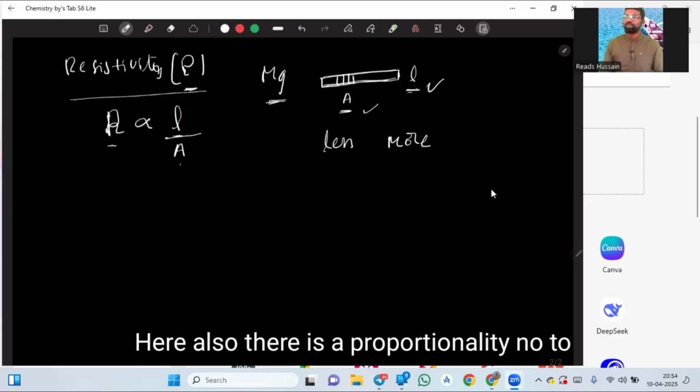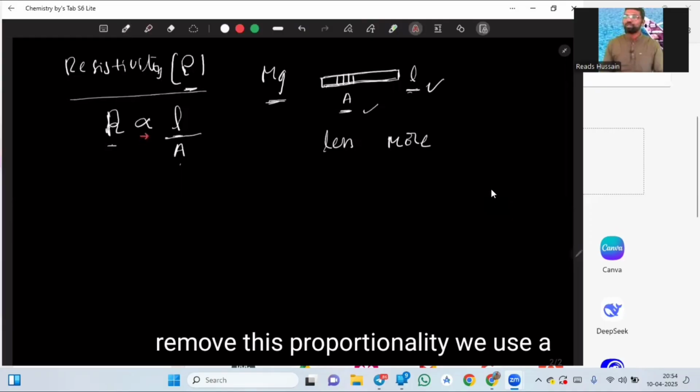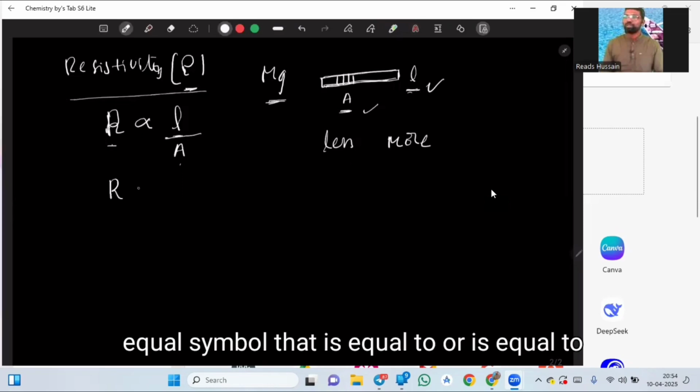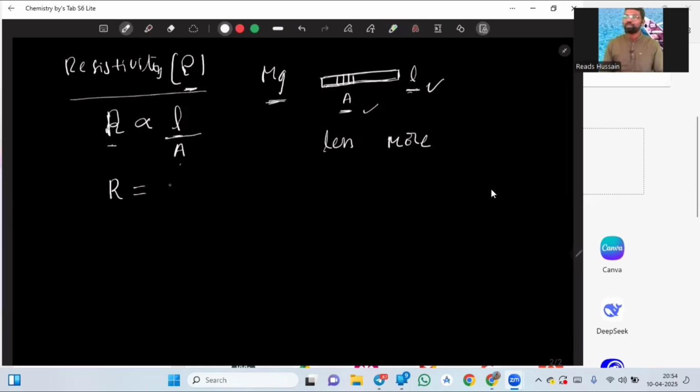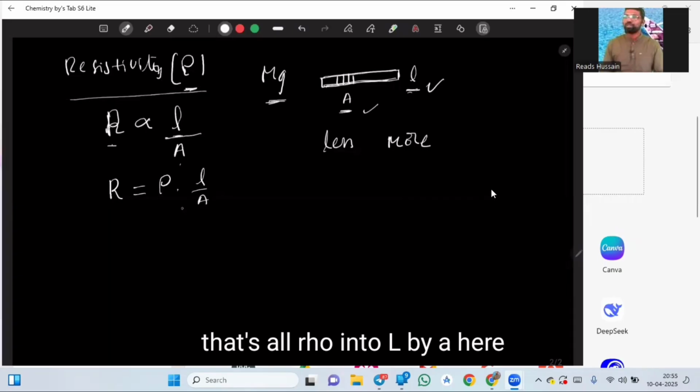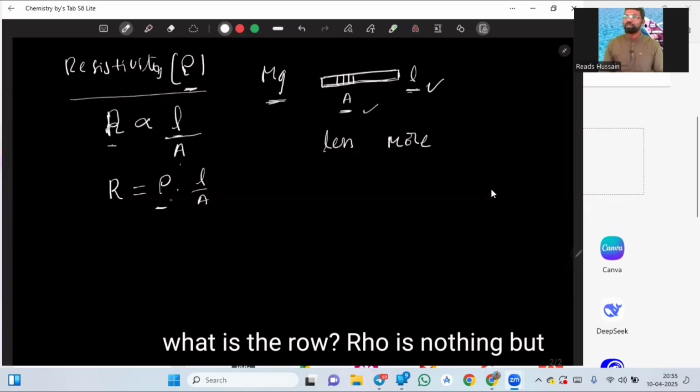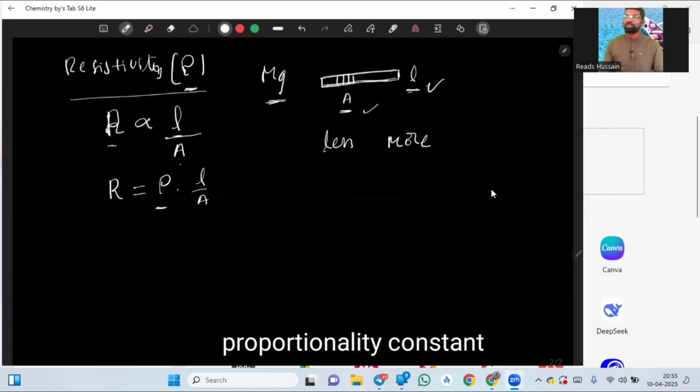Here also there is a proportionality, no? To remove this proportionality, we use an equal symbol. Here we need to use one constant. That constant is rho. R is equal to rho into L by A. Here what is rho? Rho is nothing but the proportionality constant.